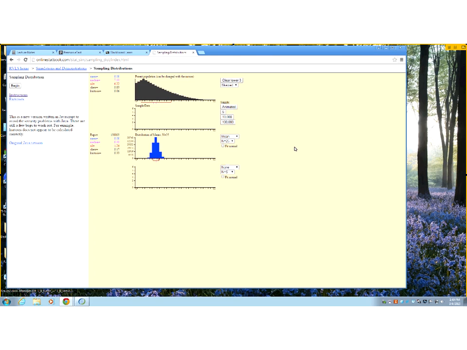So no matter what the distribution of your population is, if you obtain many samples of the same size, when your sample size is greater than 30, you're going to see that your distribution of sample means is normal.